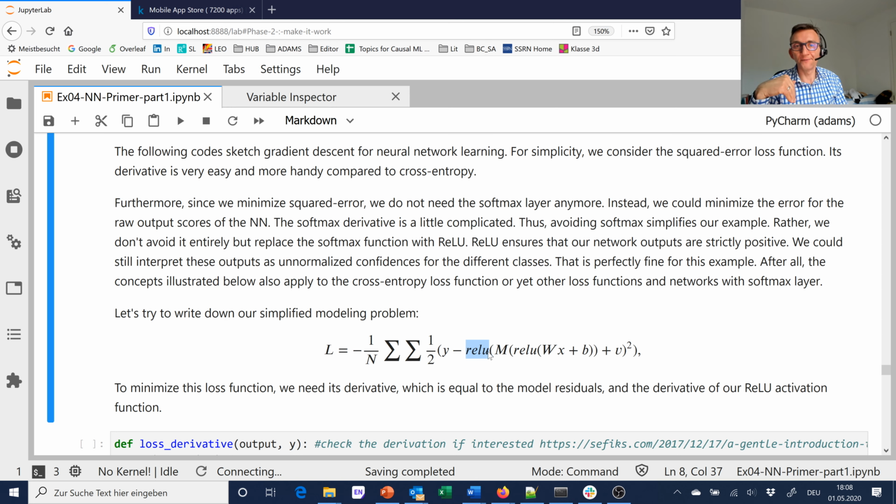We always need this derivative here. And also we will need the derivative of our activation functions, which for ReLU is very simple. You have seen it before. I'm just re-implementing it here. And would our neural network also incorporate sigmoid activations, we would also need the derivative of the sigmoid here. And similarly, we would need the derivative of softmax, which I wanted to avoid for simplicity.